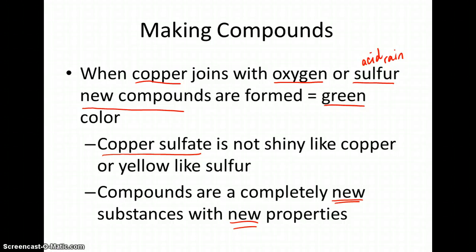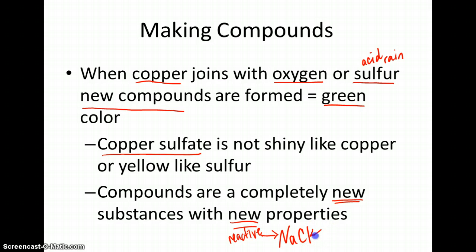One other example we've talked about is sodium chloride, which is your normal old table salt. As you saw in the video for alkali metals, sodium is very, very reactive.